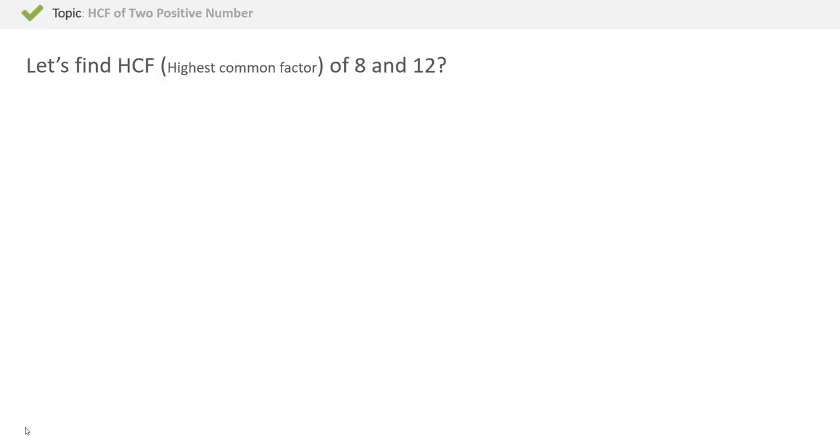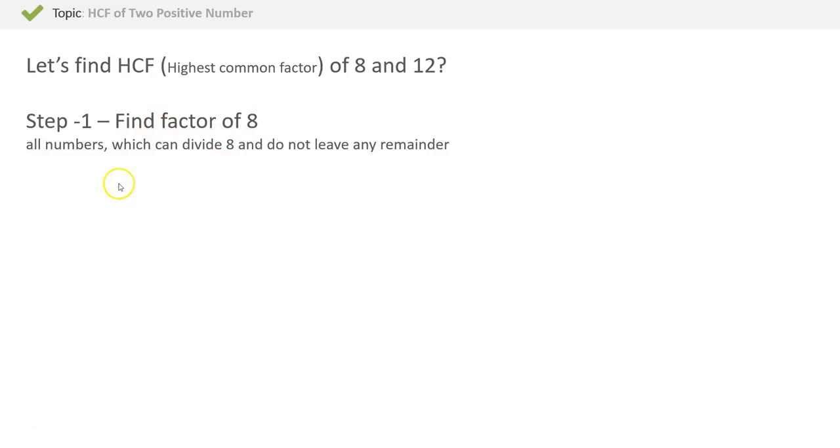So let's start with HCF of two positive numbers. Let's find HCF, which is also known as highest common factor, of 8 and 12. Step 1. We'll try to find factors of 8.